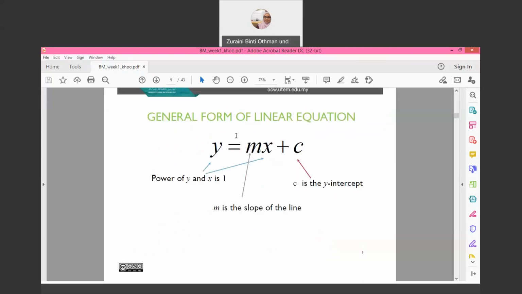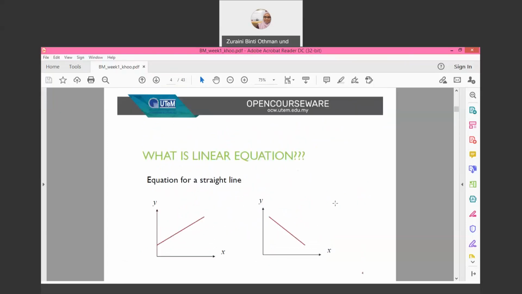This is the general form of linear equation, which is y is equal to mx plus c. The power of y and x is 1, because it is linear. Then c is the y-intercept, persilangan y.